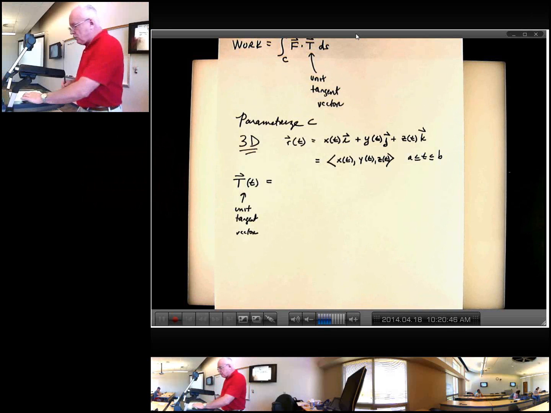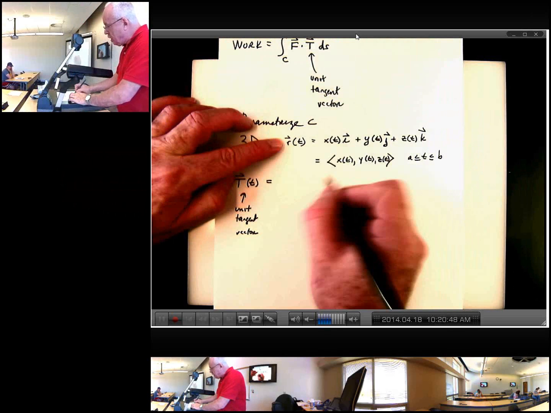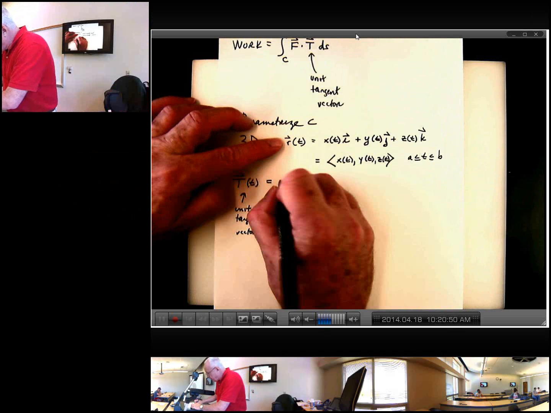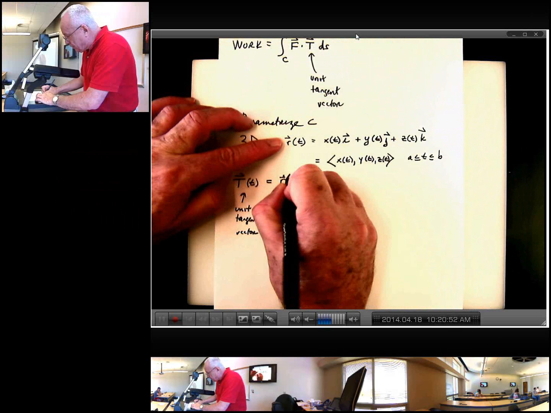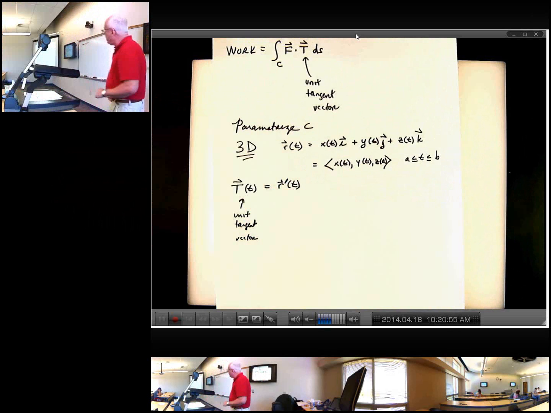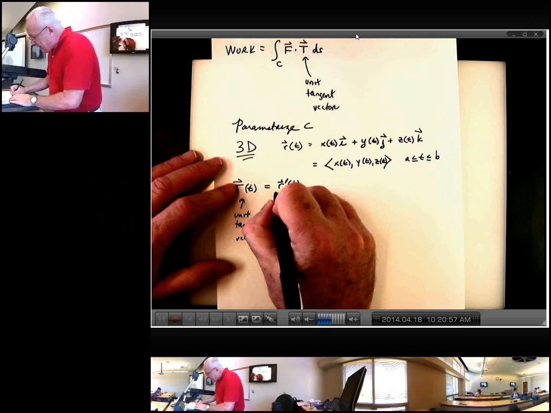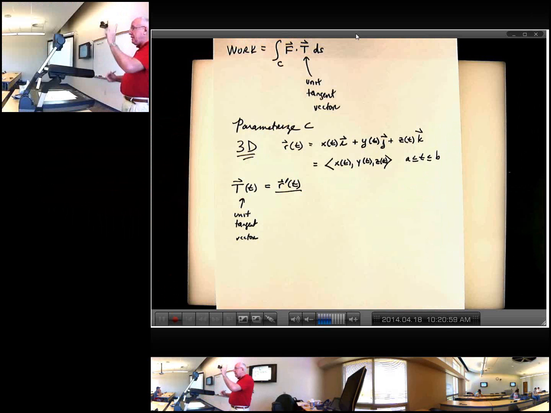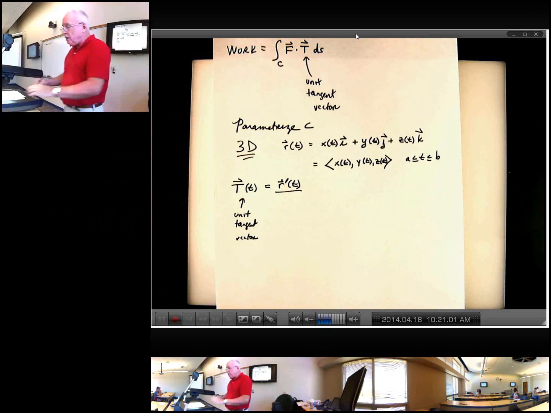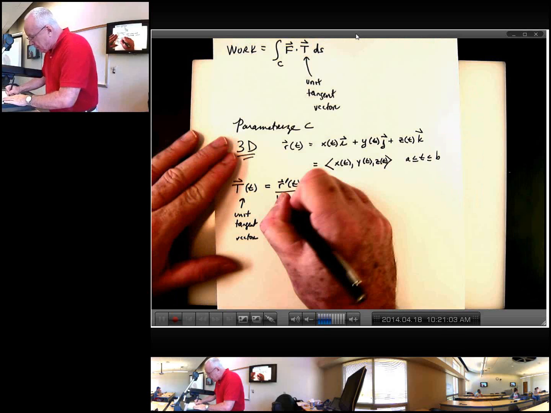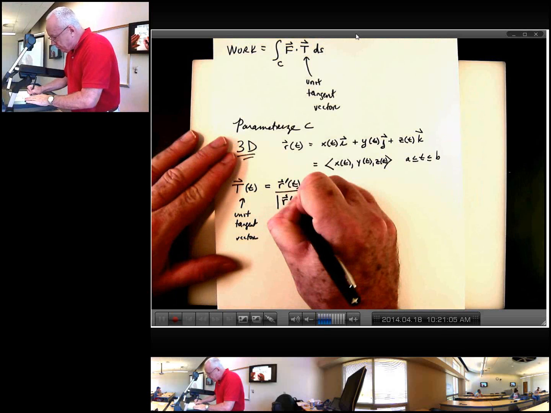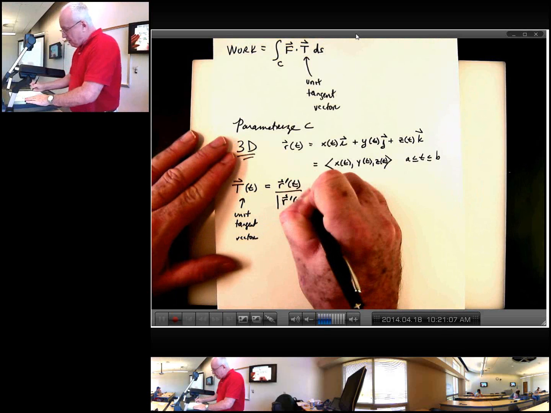We take the derivative of the curve vector. So I take the first derivative of my curve vector, and I have to divide it. I need to have a magnitude of 1, so I have to divide it by its magnitude. Okay.